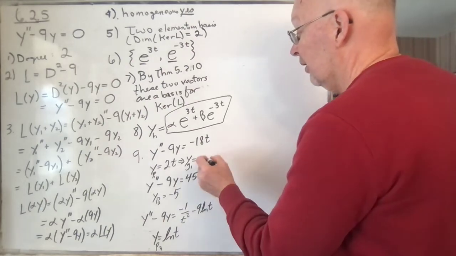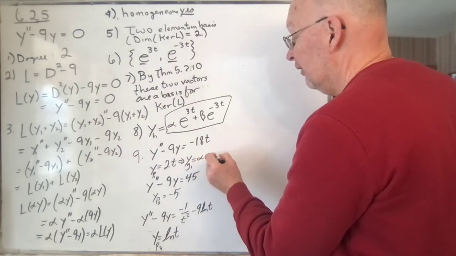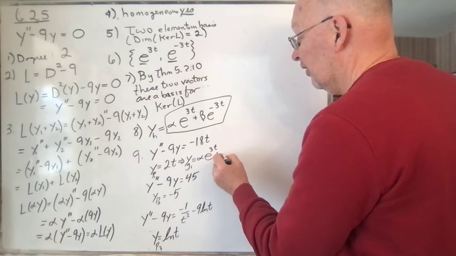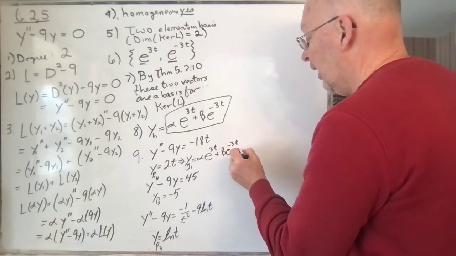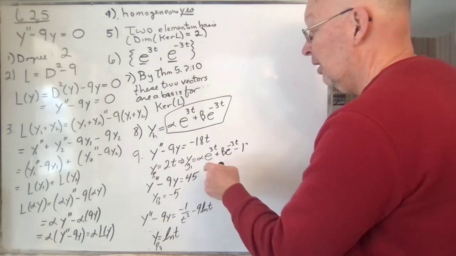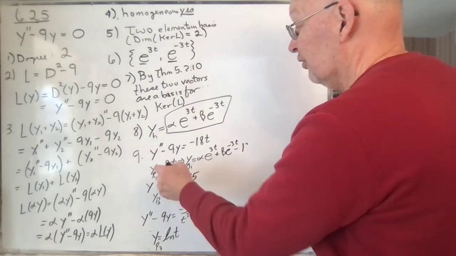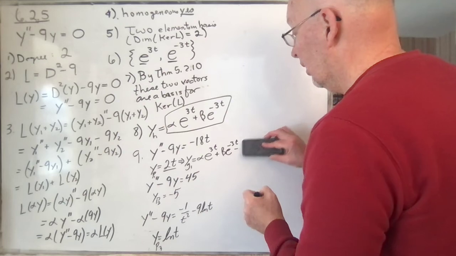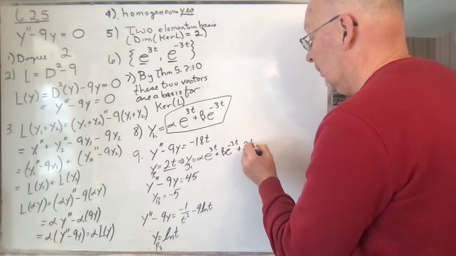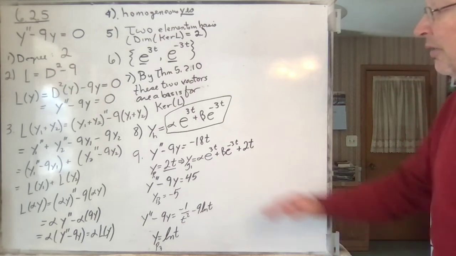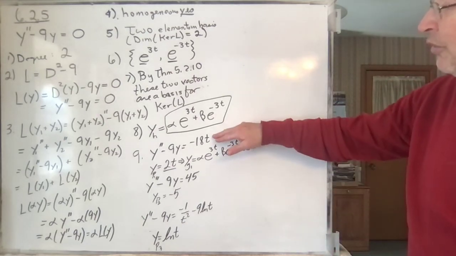It's going to be what? It's going to be alpha e to the 3t plus beta e to the negative 3t, and then you throw on your particular solution, plus 2t. There it is. So there is the general solution to this.